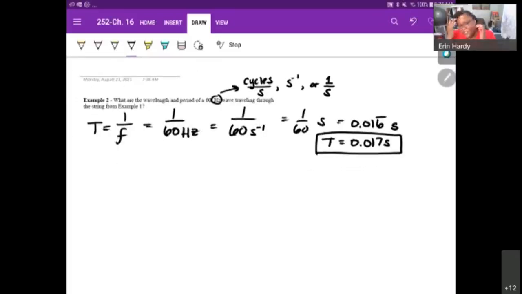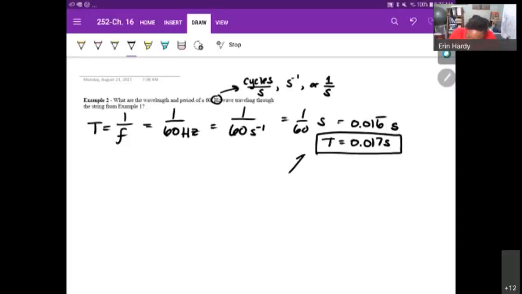For the period, that had nothing to do whatsoever with the speed that we calculated in part 1. So any 60 hertz wave is going to have the same period regardless of what the wave speed is. So to say that another way, the thing that does change when you send a wave through different media, but it's 60 hertz both times, would be the shape of the wave. So in other words, what your snapshot graph would look like.